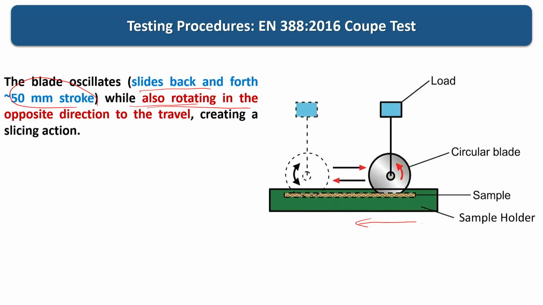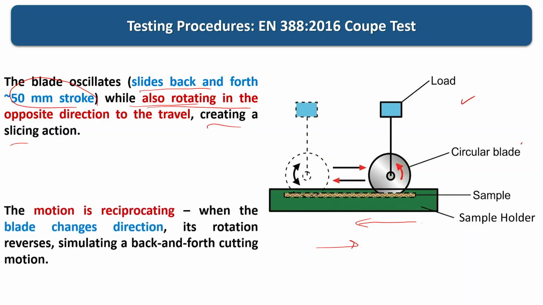When it moves from left to right, the direction will change. This is the load, the circular blade, this is the specimen, and the sample holder is there. We need a slicing action by changing this direction. So, the motion is reciprocating. When the blade changes direction, its rotation reverses, simulating the back and forth cutting motion.